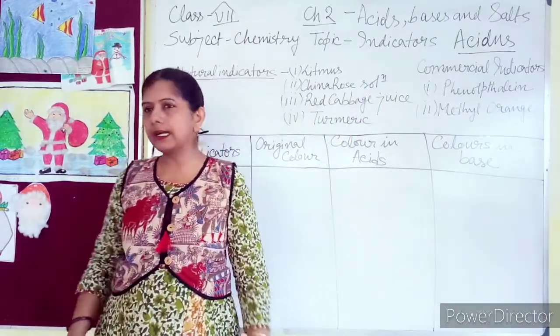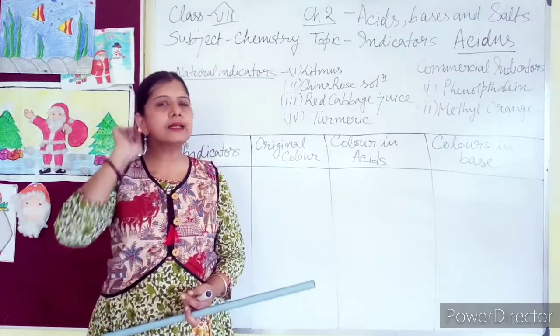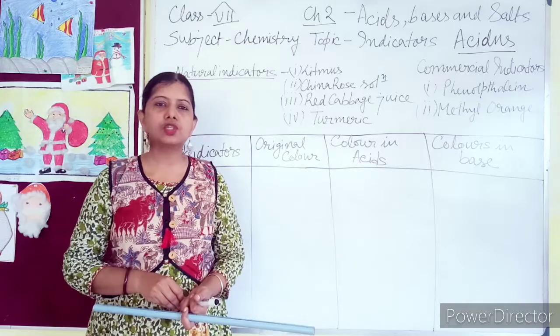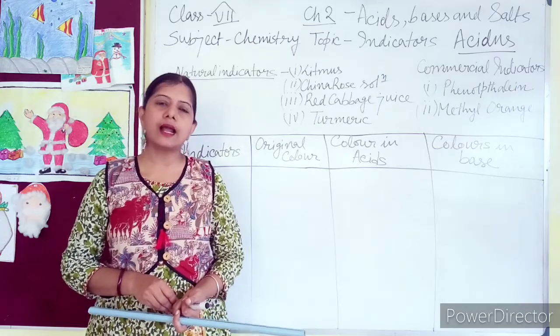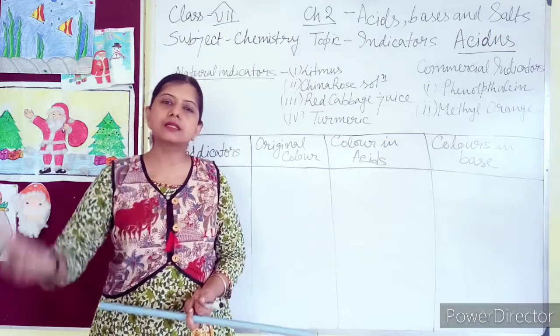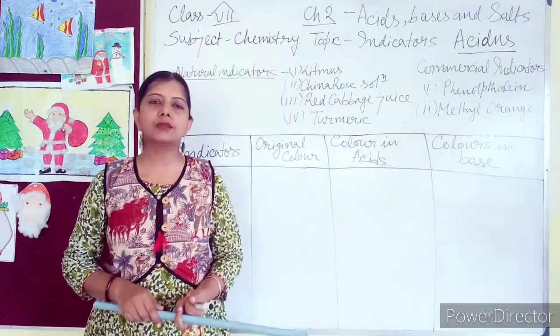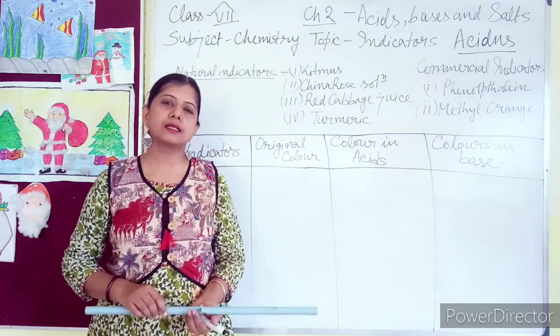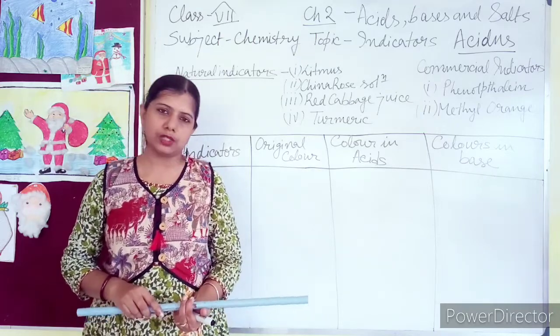What are indicators? Indicators are those chemicals which change color when they are added in acidic or basic solution. From that change in color we can understand whether a substance is acidic or basic in nature.